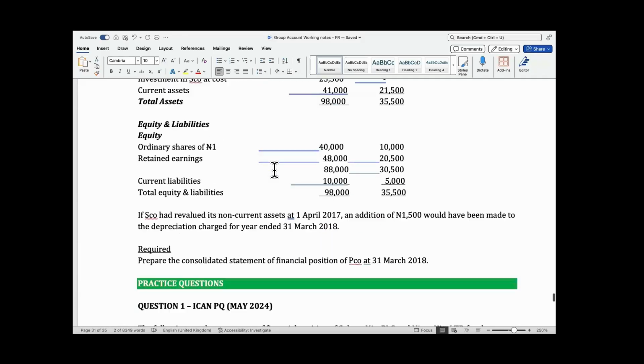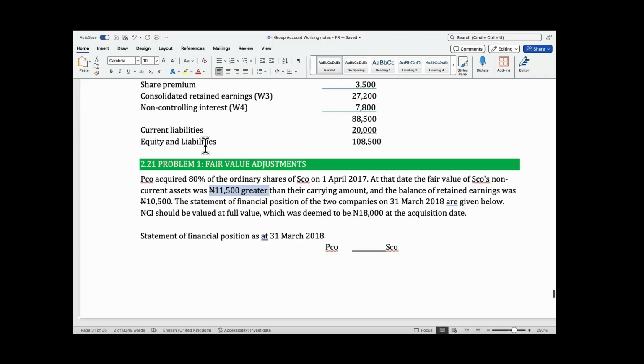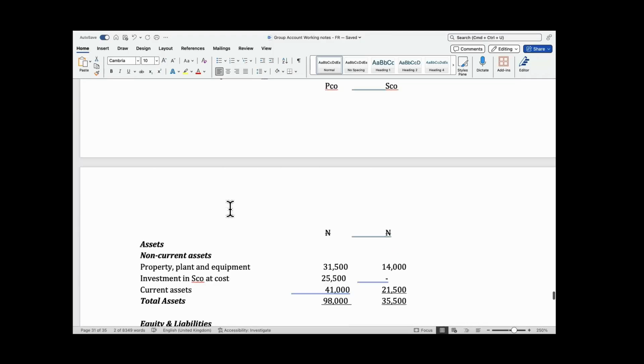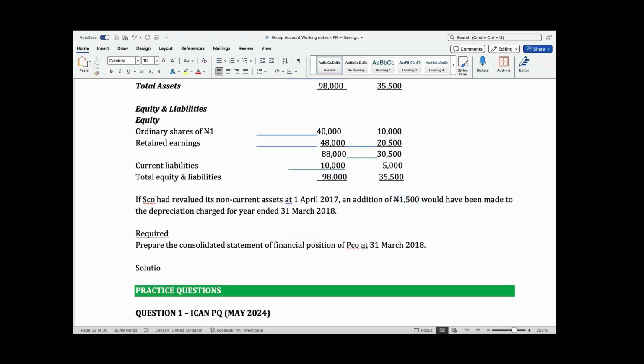But here now, since this is an asset, I think they depreciate it. So they now say that if ESCO had revalued the non-current assets, an addition of 1.5 would have been made to the depreciation charge for the year. So that means if we capitalize that 11.5 and add it to our asset, we also then deduct depreciation from that asset. And that's all we need to do.